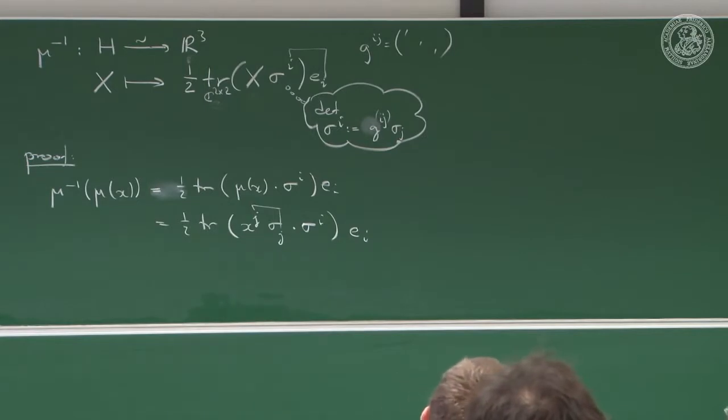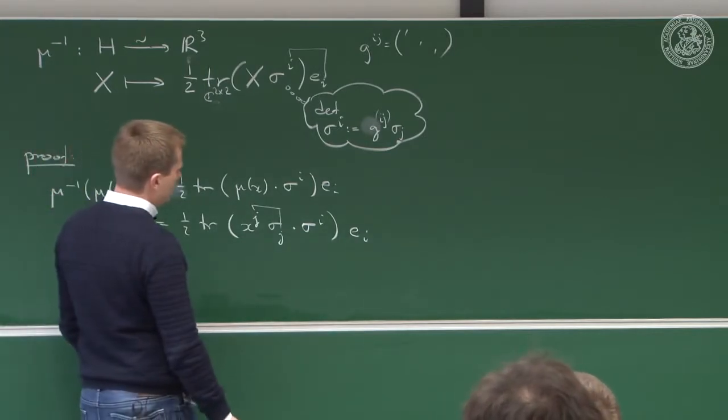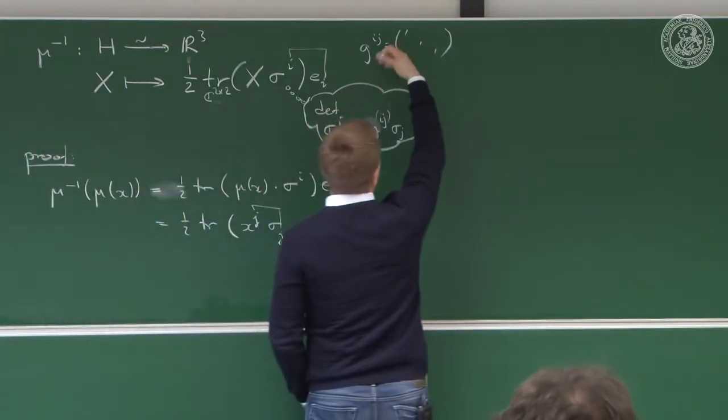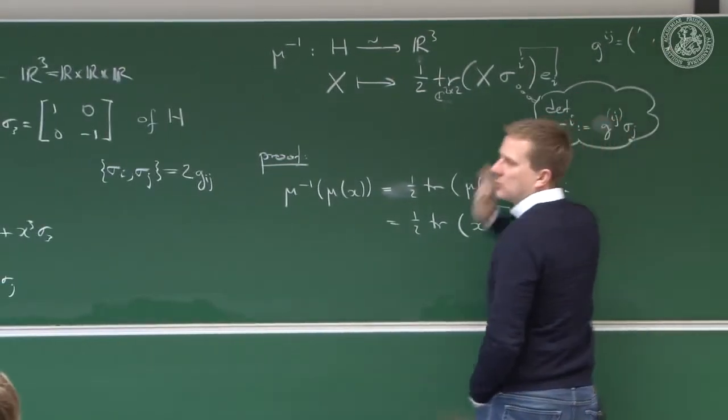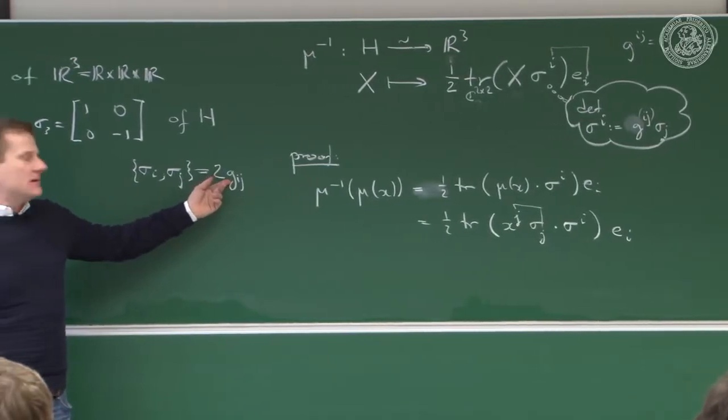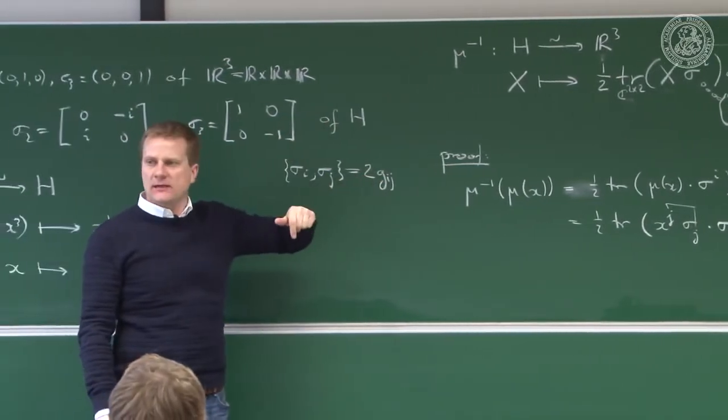Aha. So what's sigma j sigma I? Well, that's simple. We know, or we calculate quickly, that sigma I with sigma j anti-commutator is twice g_ij, where g_ij is again this thing, indices down is the inverse, but it's again 1, 1, 1. So usually you write delta ij, but I don't like that because delta is the Kronecker delta, one index up, one index down.